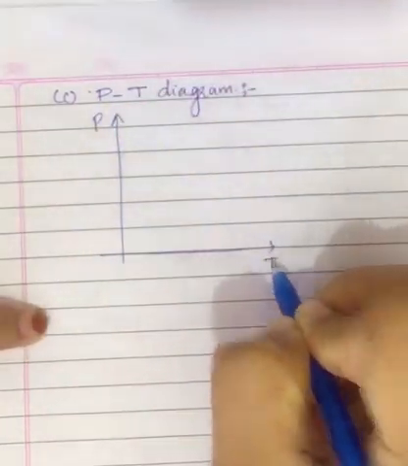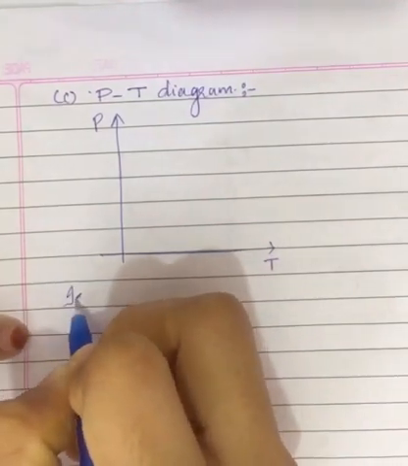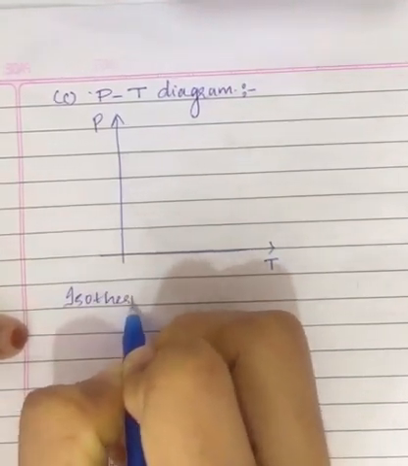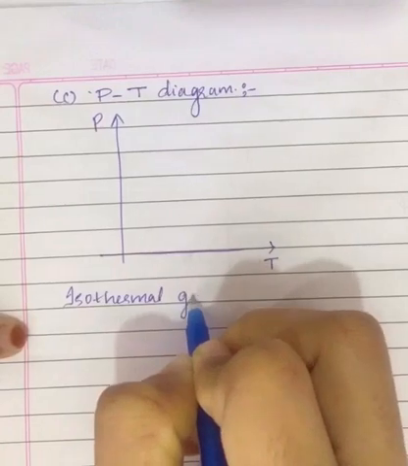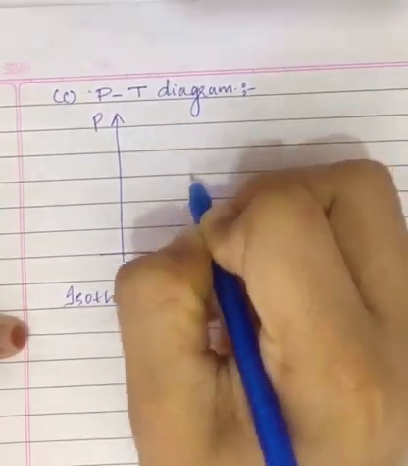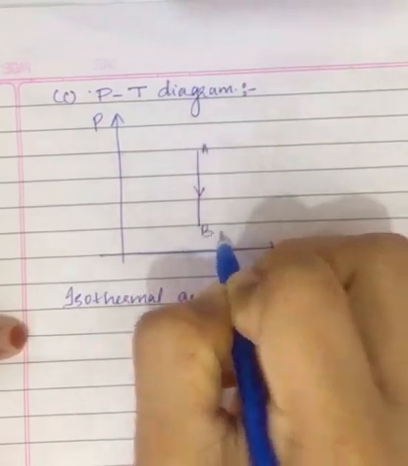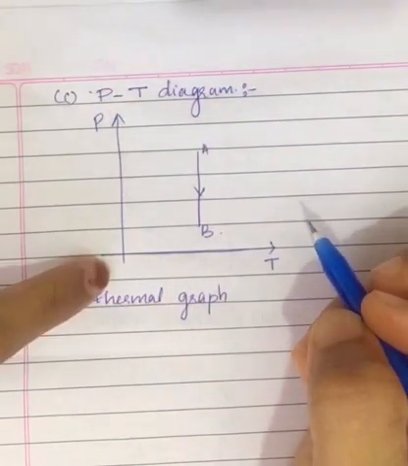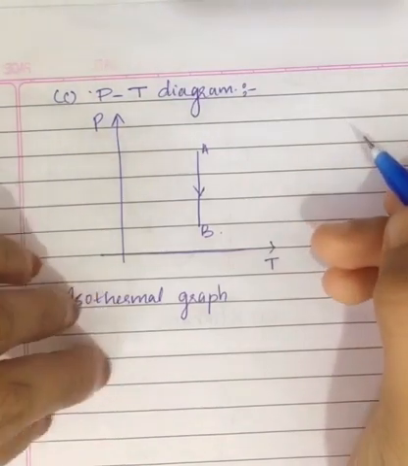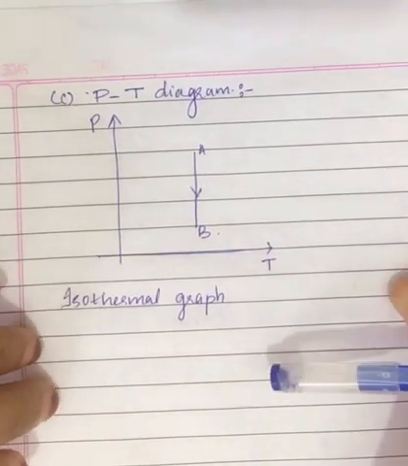So first we'll discuss isothermal. For the isothermal graph, it is a straight line which is parallel to the y-axis.